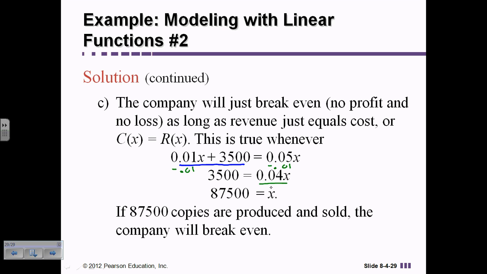We're going to divide both sides by 0.04, and I find out I have 87,500. So in order for me to break even, I need to make at least 87,500 copies. So that's not necessarily unrealistic when you're looking at a large company.